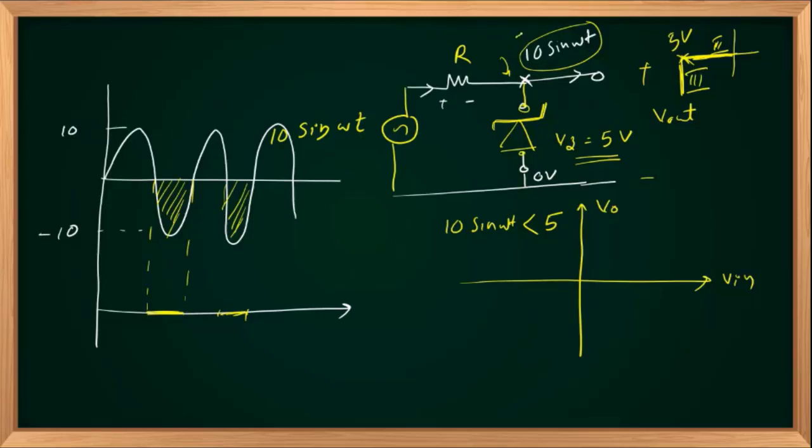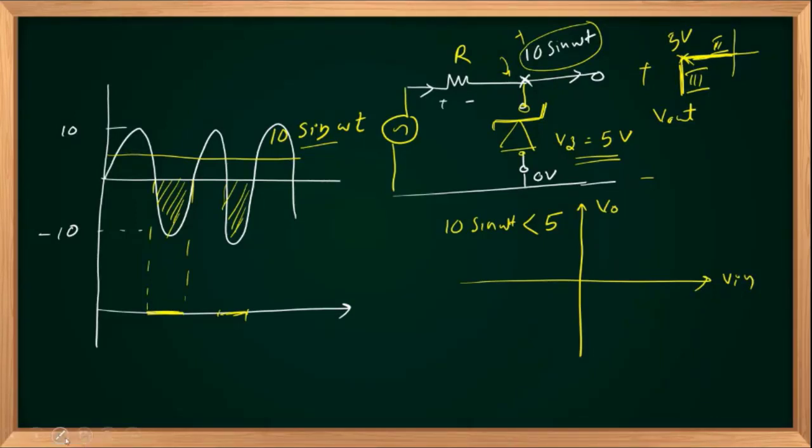But we have placed a diode with cathode up, anode down. So a positive signal will reverse bias the diode, plus 10 sin omega t. If that reverse bias exceeds 5 volts, so I'm marking the level 5 here, exceeds the 5 volts, it will be in breakdown mode.